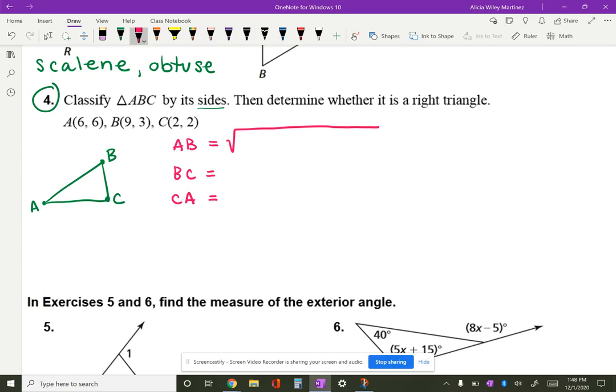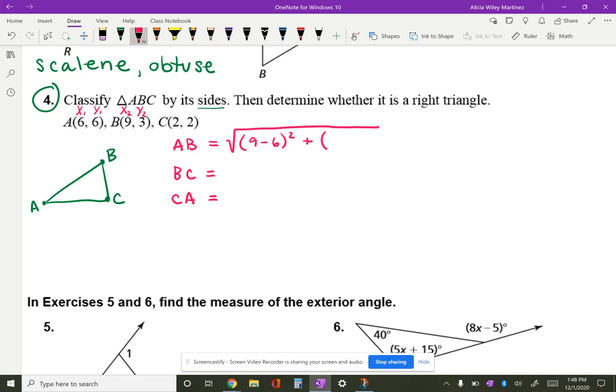Using the distance formula, like we talked about in class, for segment AB means I'm going to use these 2 points, A and B, as my x1, y1, and x2, y2. Okay, so for x2 minus x1, that's going to be 9 minus 6. No double negative there. Don't forget to square it.